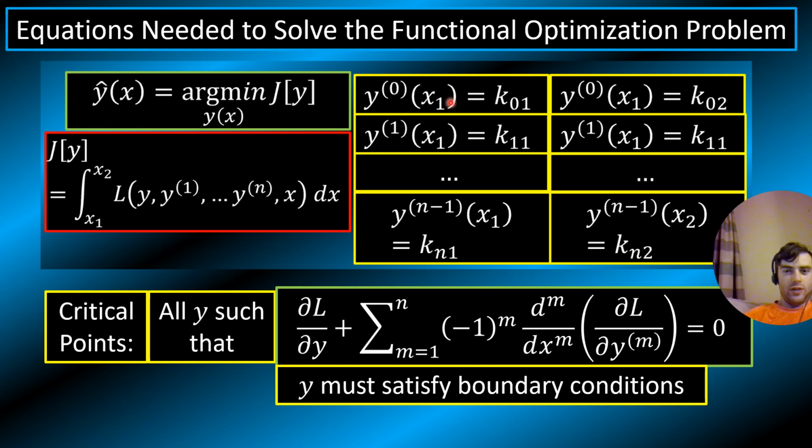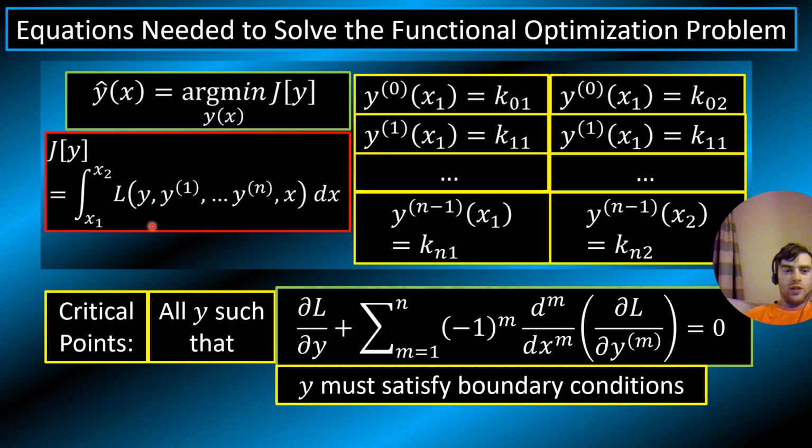Alright, so we have derived the more general Euler-Lagrange equation. This is the equation in green, and the critical points that you have are all y such that it satisfies this Euler-Lagrange equation, in which the y's satisfy the boundary conditions displayed here in the yellow box.